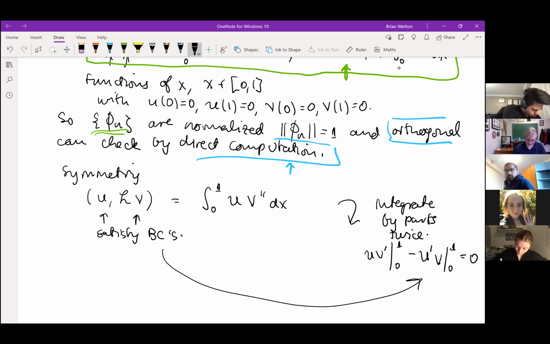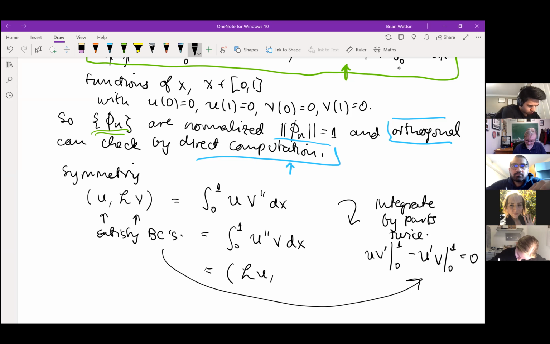Okay. So what does integrating by parts do? It takes a derivative from one term and puts it on the other. And you change the sign, but I've done it twice, so the sign doesn't change. I'm going to get U double prime V dx. And this is exactly L times U, V. And that's what it means to be symmetric, in our context: you can start from here and then move the thing over onto the other side.